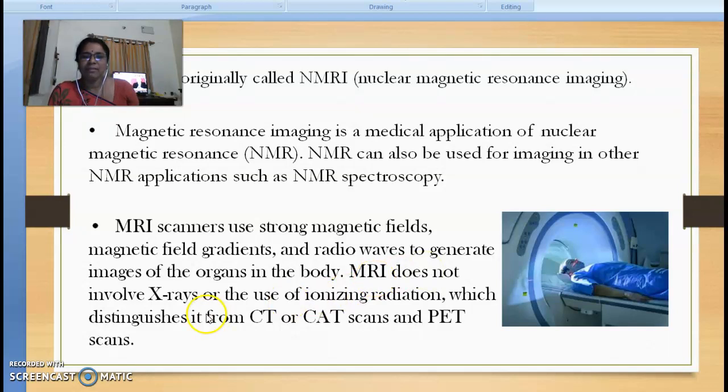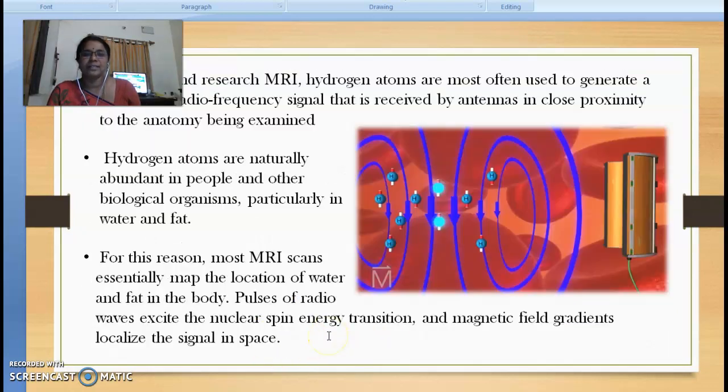MRI does not involve X-rays or the use of ionizing radiation, which distinguishes it from CT scans or CAT scans. So, this MRI is going to be very much superior to all these other scanning techniques.